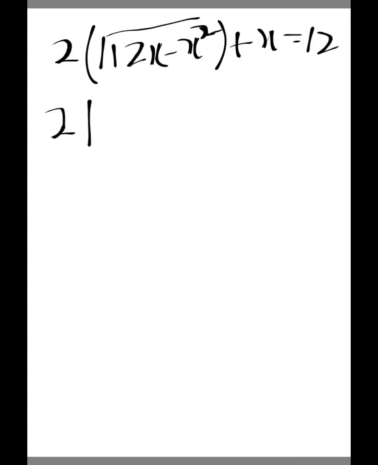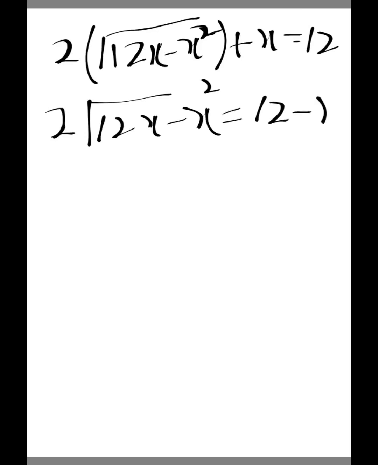Now apply negative x on both sides. We will get 2 square root of 12x minus x square is equal to 12 minus x. And once again squaring both sides to get rid of the square root.